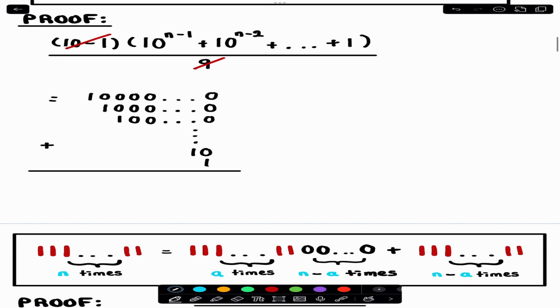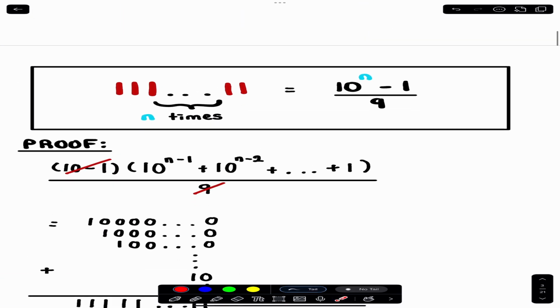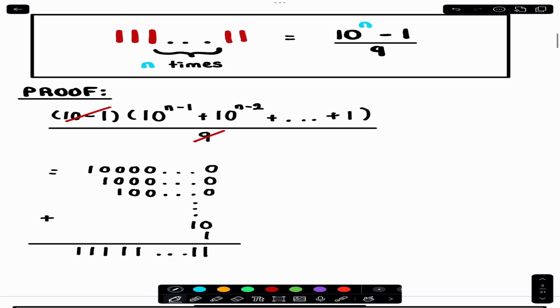And there will be no carryover since it's just a bunch of zeros and ones, and in the end we get 1, 1, 1, 1, 1, dot, dot, dot. So we do get this rep unit.